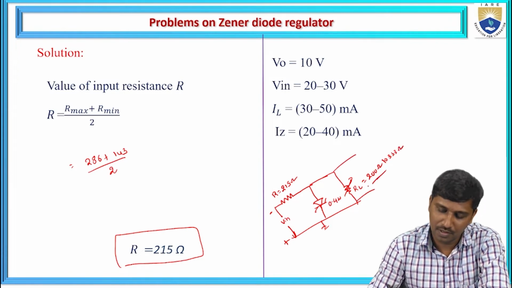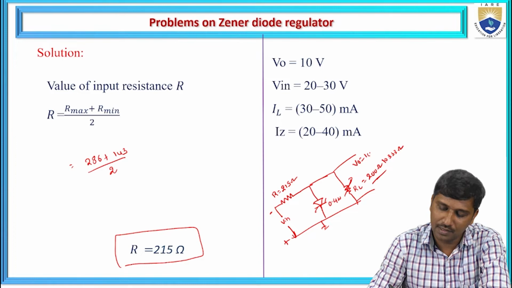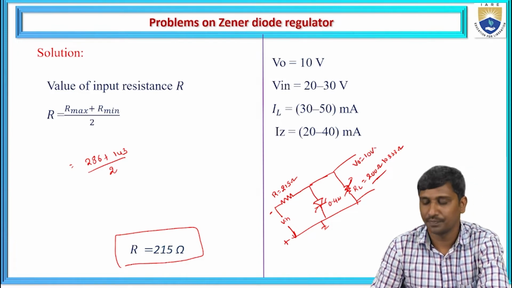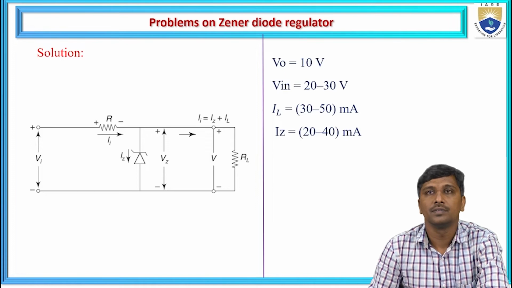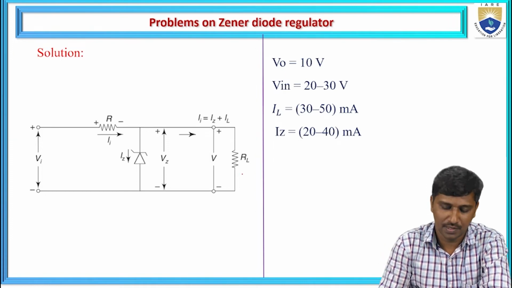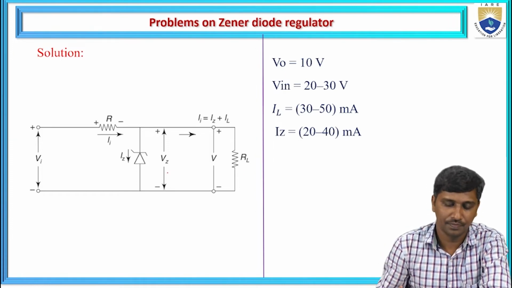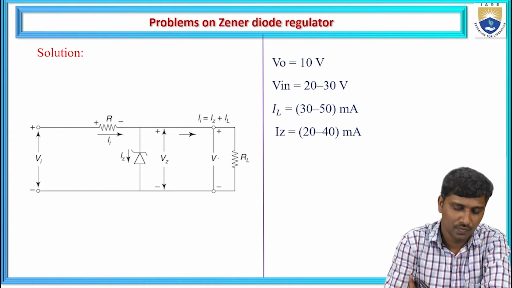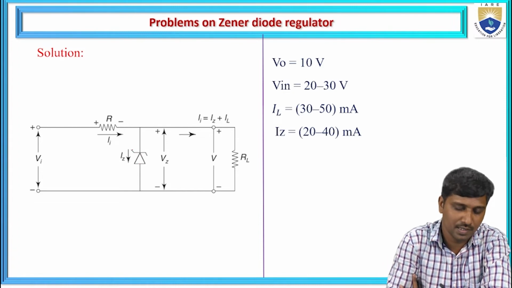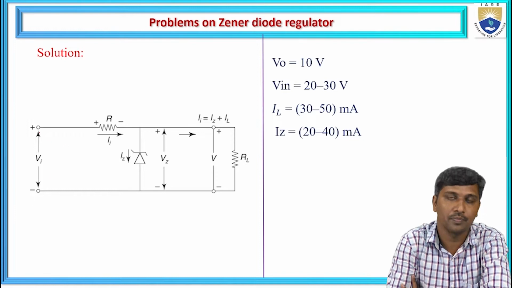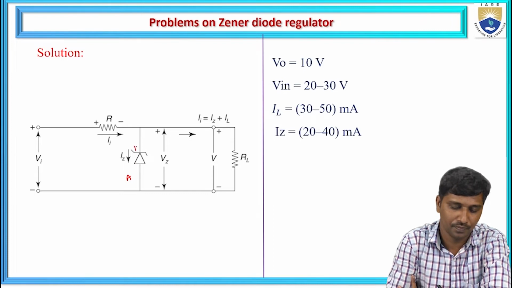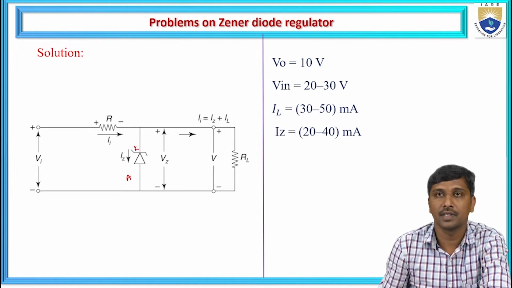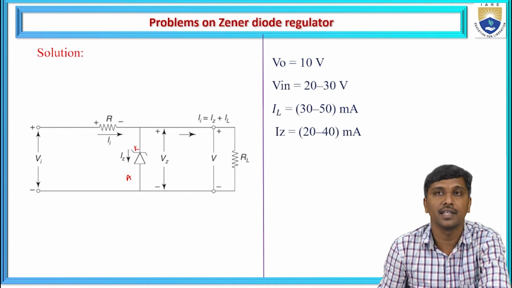Then it produces an output voltage of 10 volts. So this is the given circuit. If the diode is reverse biased, positive is connected to the cathode and negative is connected to the anode. This is for the given design configuration.